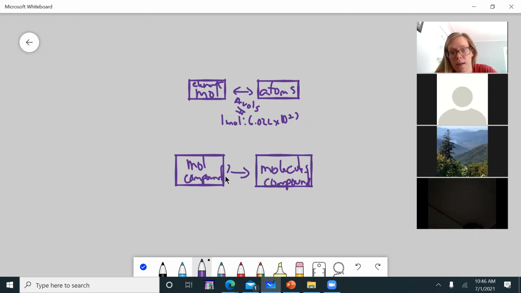Follows the same thing as this does. That's why I'm putting them sort of next to each other. We use Avo's number. That's what we just did with the water molecule. So you can go back and forth using Avogadro's number between either moles of the compound and molecules of the compound, or moles of the element and atoms of the element.